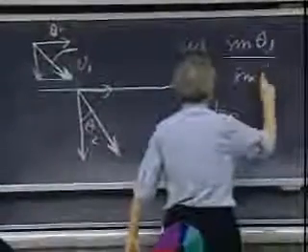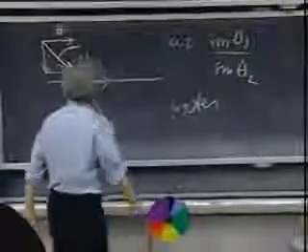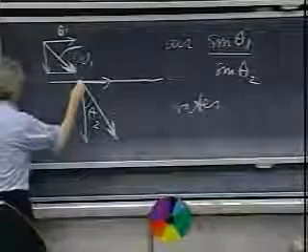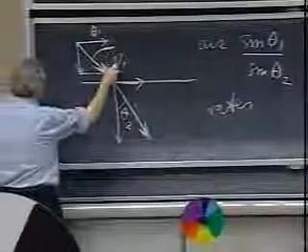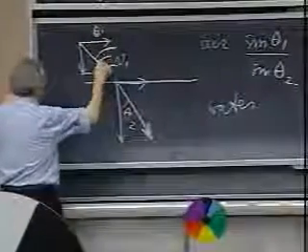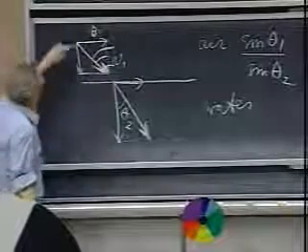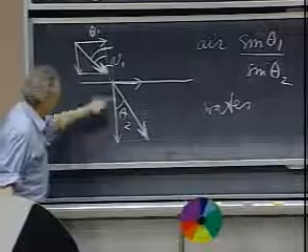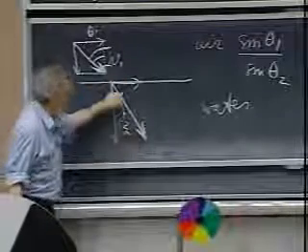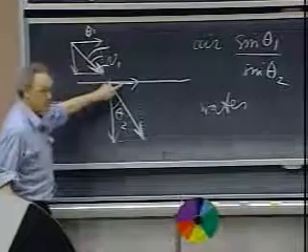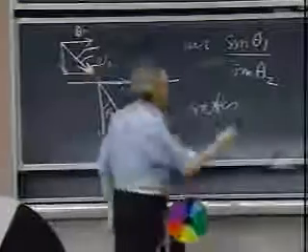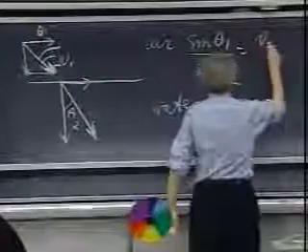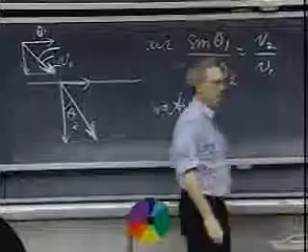The sine of theta 1, this angle is theta 1, so that's this velocity divided by this vector. And the sine of theta 2 is this velocity divided by this vector. But these two velocities are the same. And so you immediately find that this ratio is V2 divided by V1.